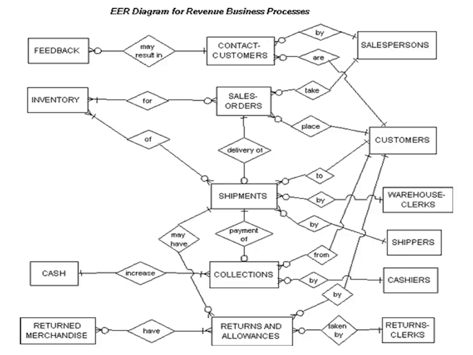So 12 tables for each entity, and then we have 3 many-to-many relationships: between inventory and sales orders, inventory and shipments, and return merchandise and returns and allowances. Because they are many-to-many, we create a separate table just for each relationship, where the primary key is a composite key.